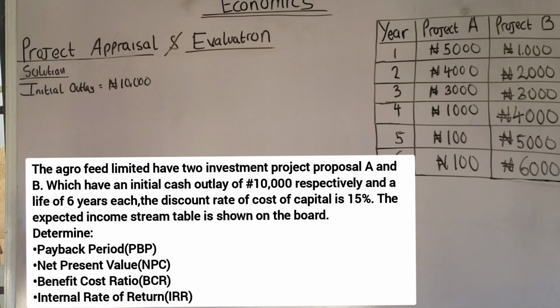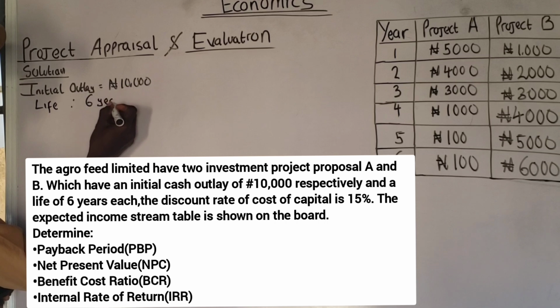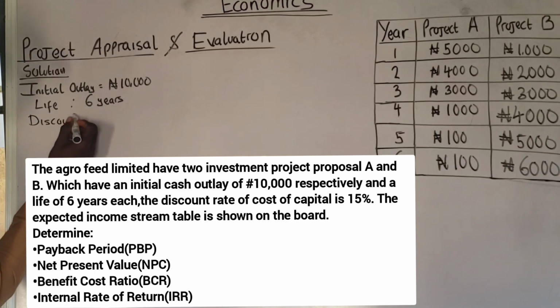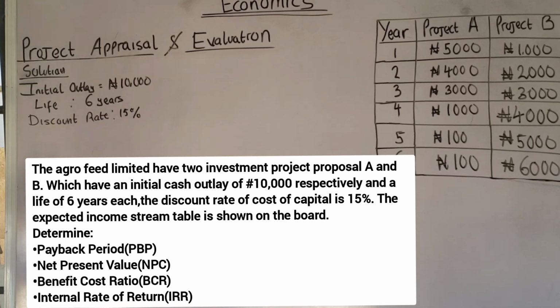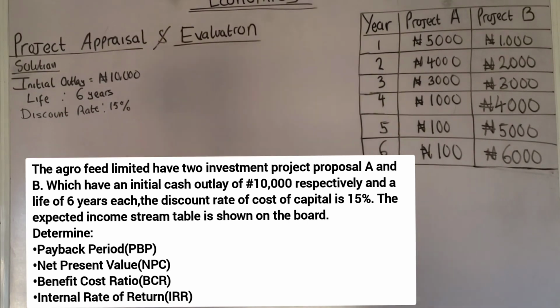The life of the project is 6 years, and the discount rate is 15%. Now, we are given these expected streams of income. Let's start with the payback period.